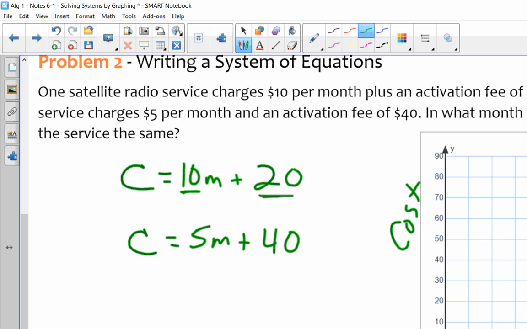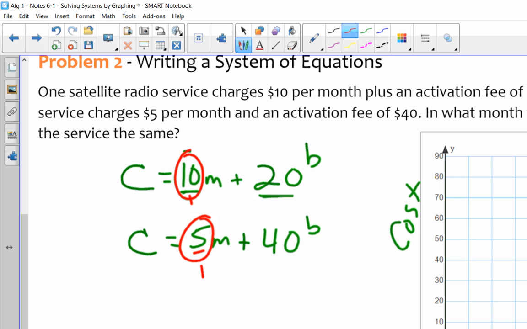And my starting points here are my activation fees, and my slopes are the costs that I have per month. So these are like 10 over 1 and 5 over 1. Okay. So let's go ahead and graph these.